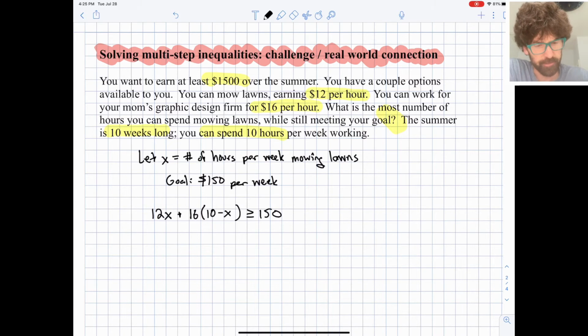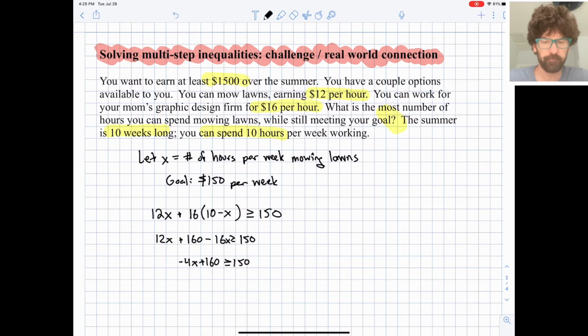Okay, so this just refers to a 1 week process or 1 week of your summer. So let's simplify things a little bit. We have 12x plus 160 minus 16x is greater than or equal to 150. Okay, so we have a negative 4x plus 160 is greater than or equal to 150. So we have the inequality written out.